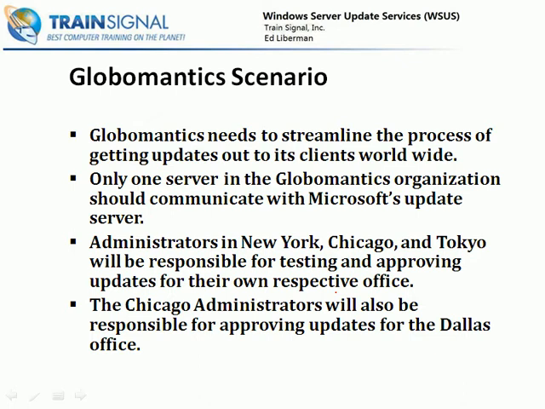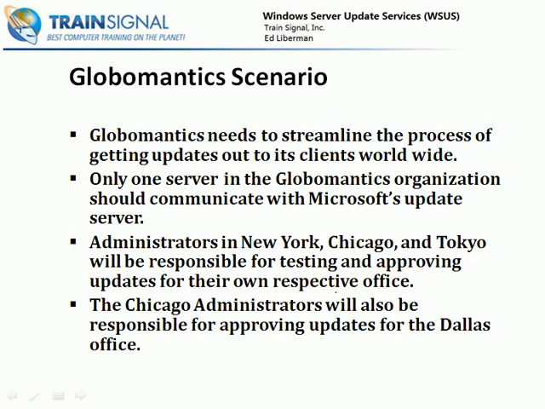Now, administrators in New York, Chicago, and Tokyo will be responsible for testing and approving updates for their own respective offices. So in order for that to happen, if you're not already thinking it, since we only want one server to go out to Windows Update and we want three different offices to each have WSUS servers and have approval of these updates out to their clients, it sounds like we need to do autonomous mode so that each office has its own administrator approving those updates.